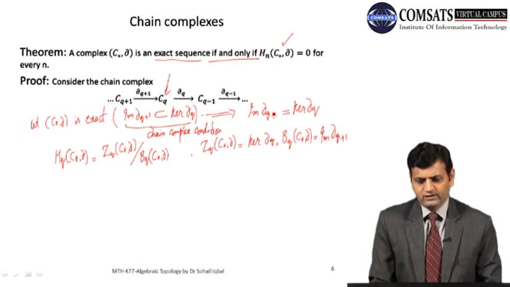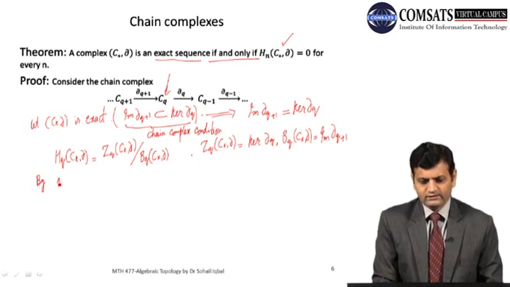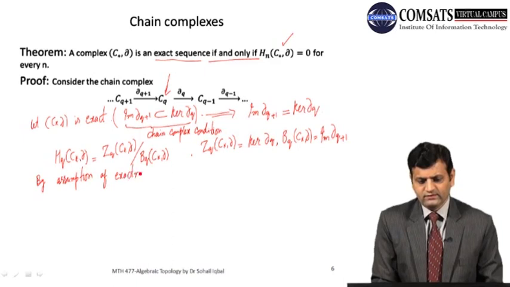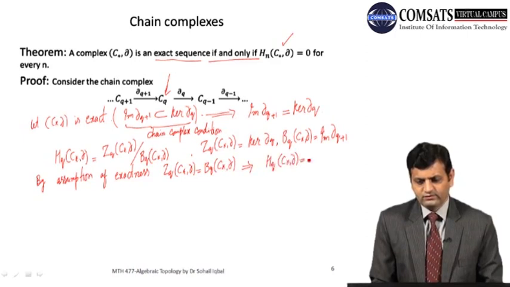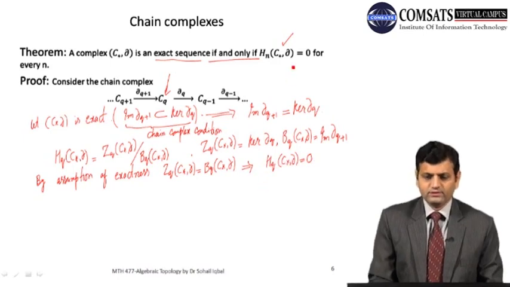Now we have imposed that the image of partial q plus 1 is equal to the kernel of partial q. So by the assumption of exactness, Zq(C star, partial) is equal to Bq(C star, partial), which of course implies that Hq(C star, partial) is equal to 0. This is one side of the result.